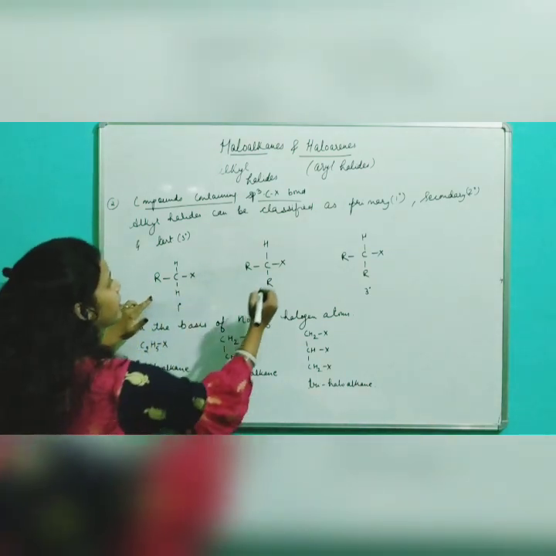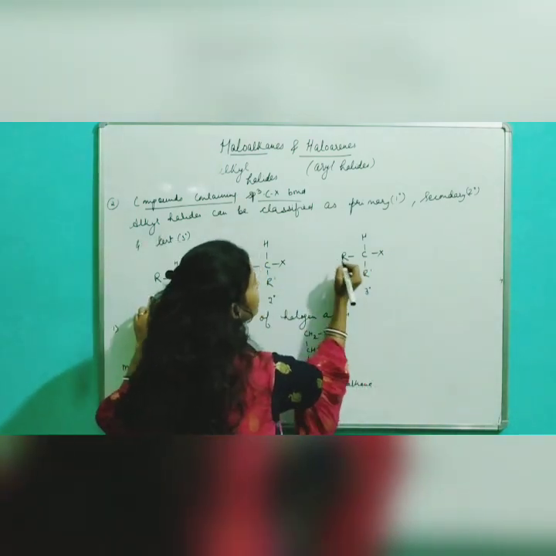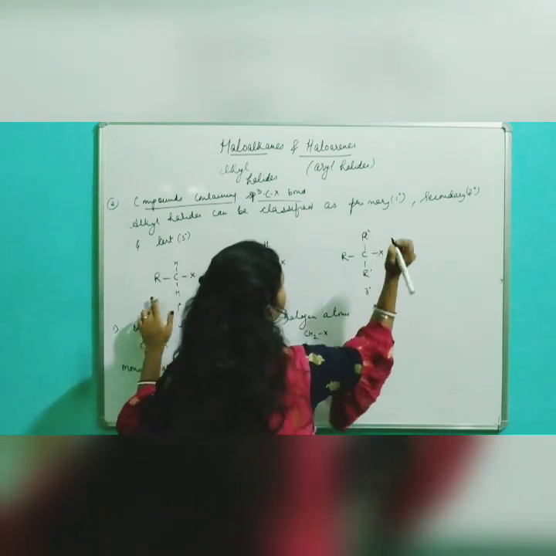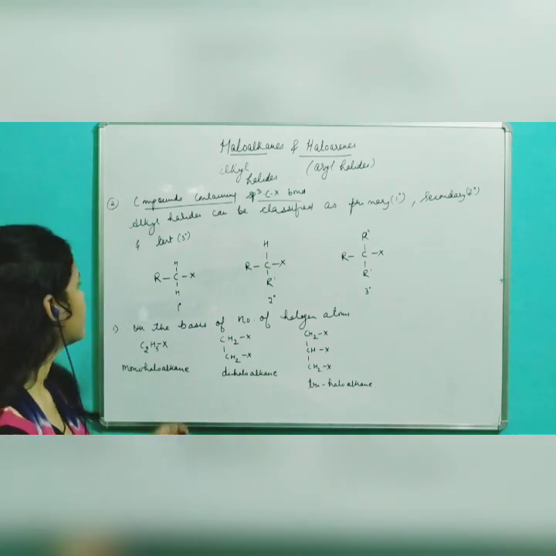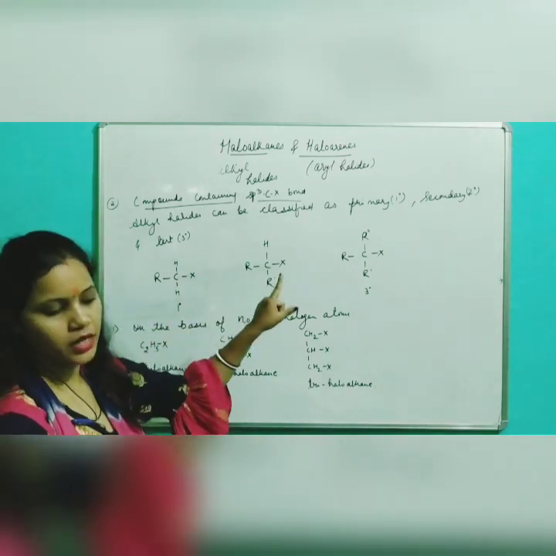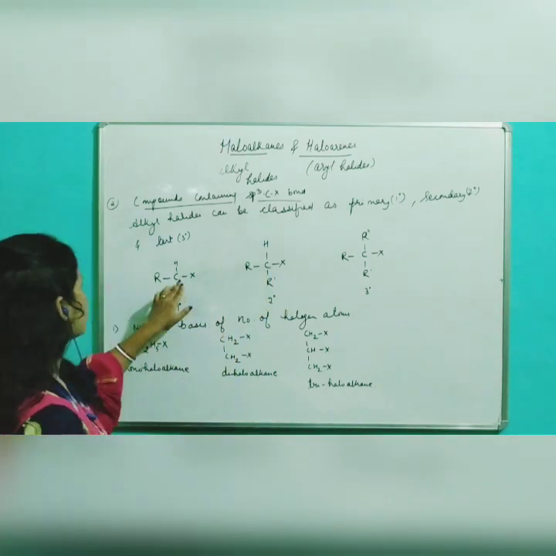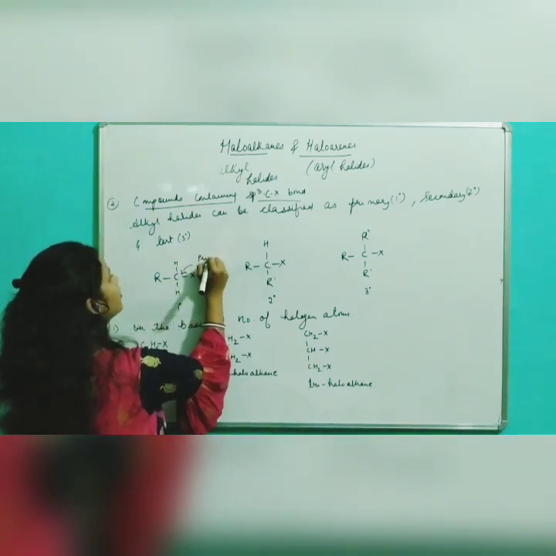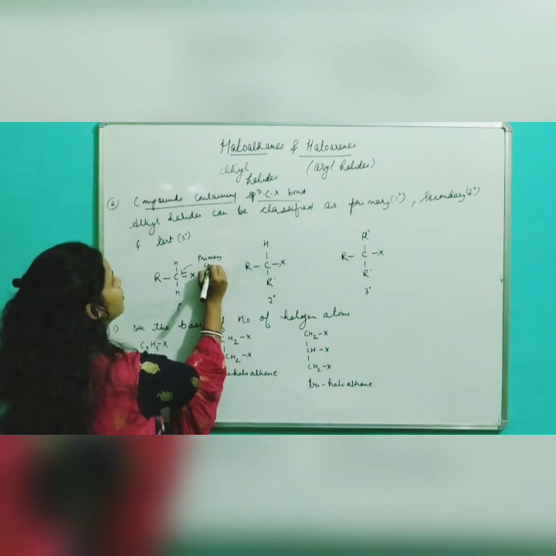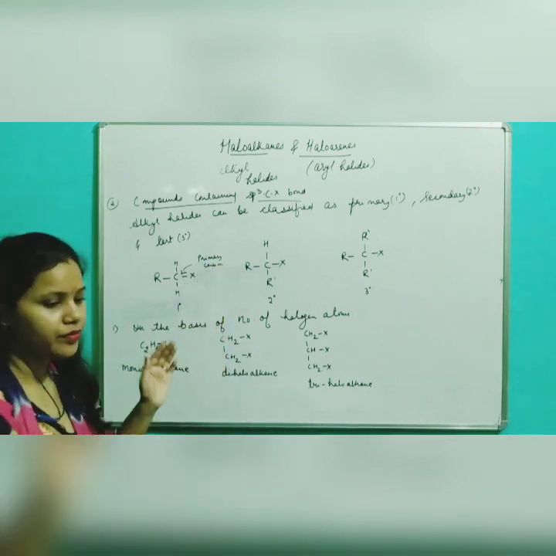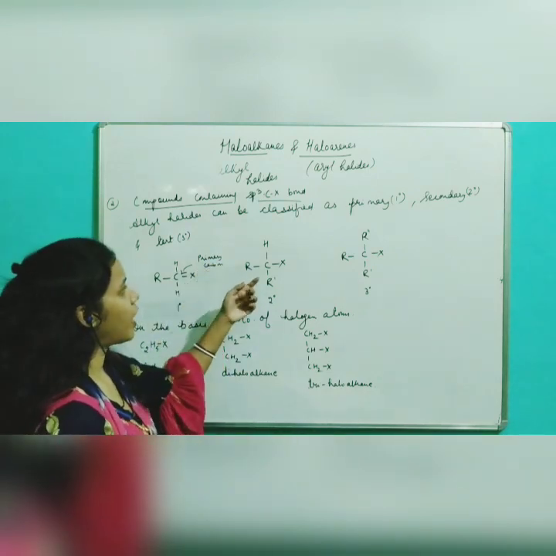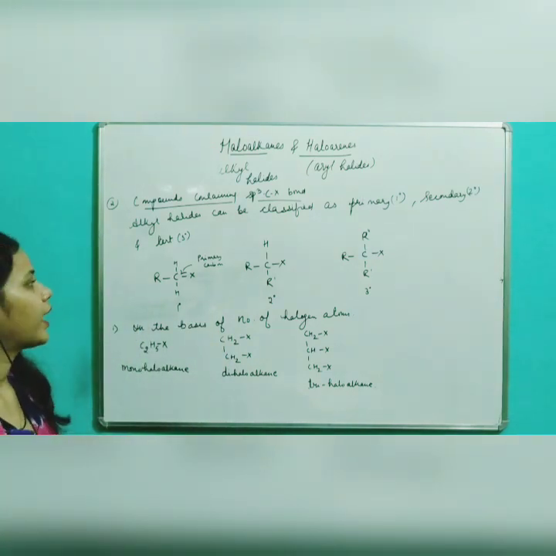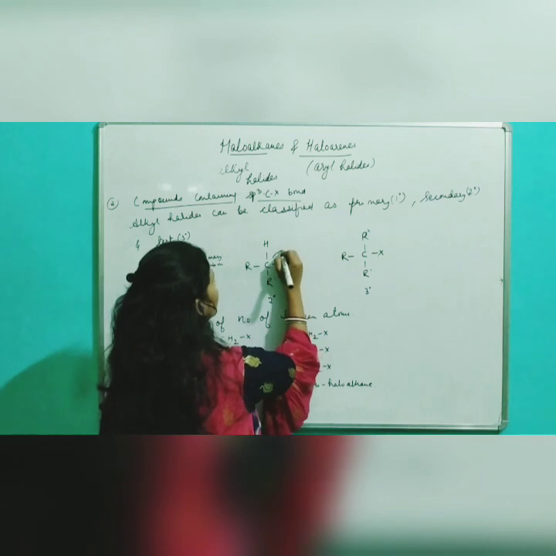It can be written as R, one more is R dash, and R double dash. So this is 1 degree, 2 degree and 3 degree. This is the primary carbon. Then it is a secondary carbon, and that is a tertiary carbon, because it is attached with 2 alkyl groups, and then with 3 alkyl groups.